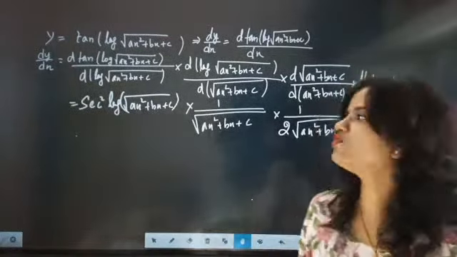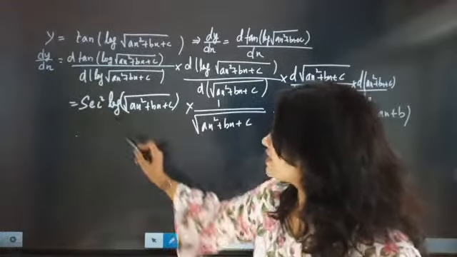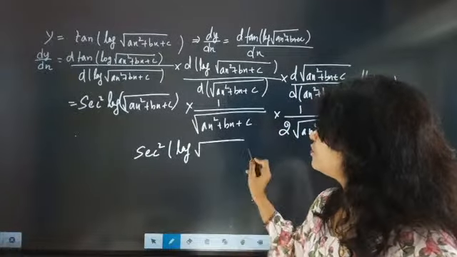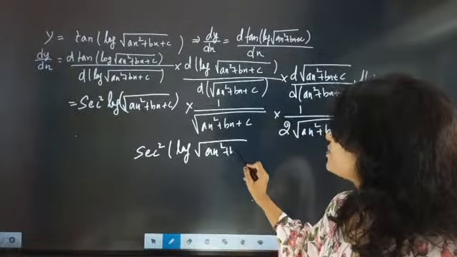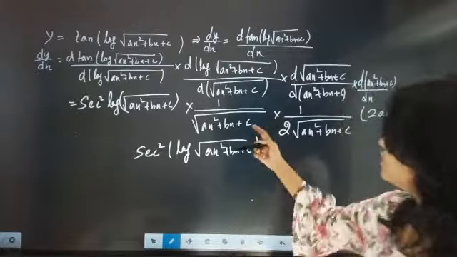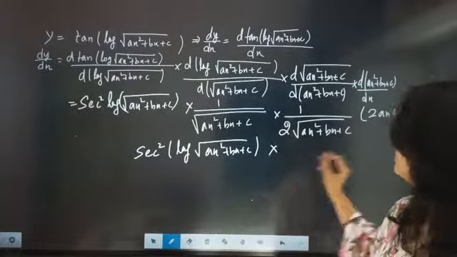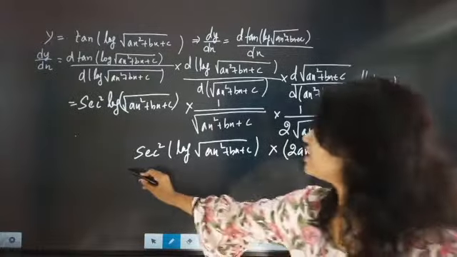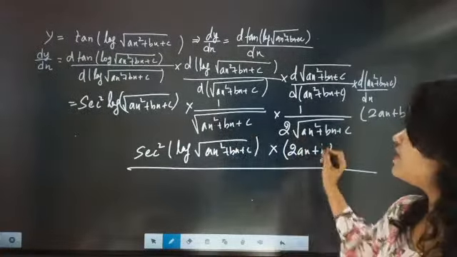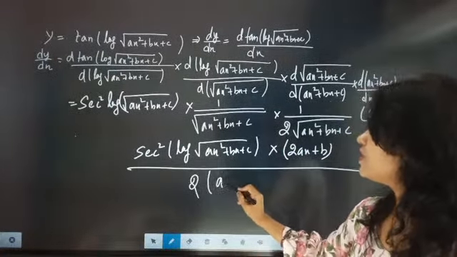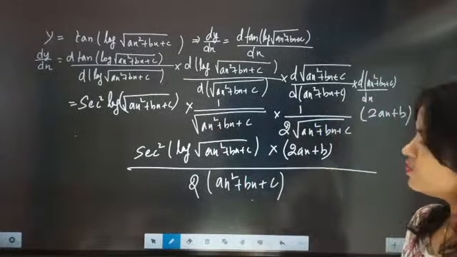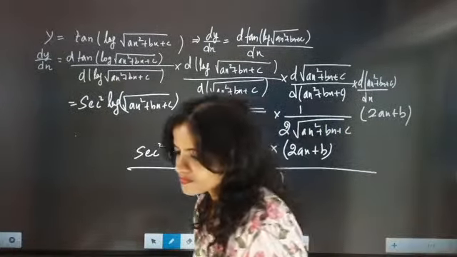So one more line if you want to add, you just add that secant square log of root of ax square plus bx plus c. Now down, you see it is exactly into 2ax plus b. Now down it is exactly going to come as 2 into root part. So it will become 2 root of ax square plus bx plus c, because root under this and root under this will remove the root.